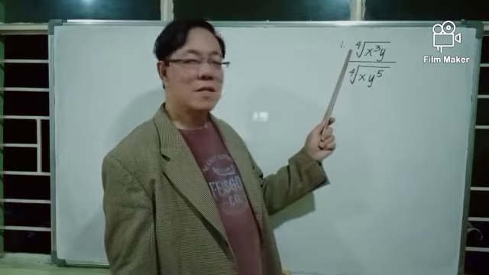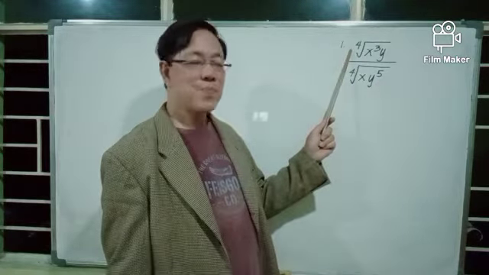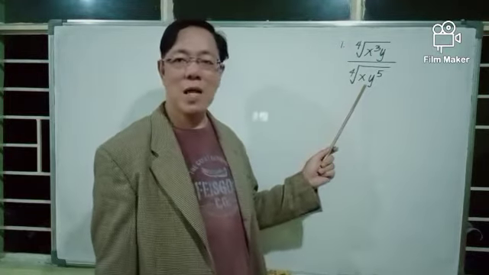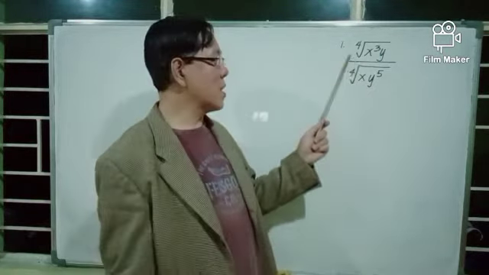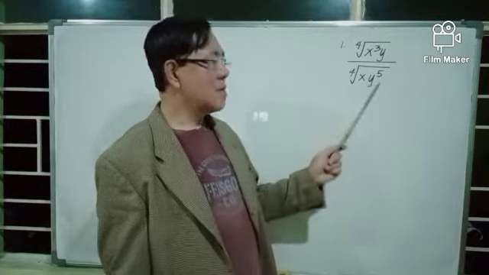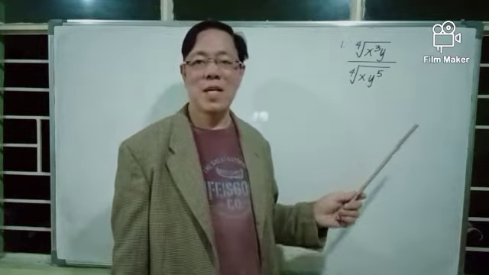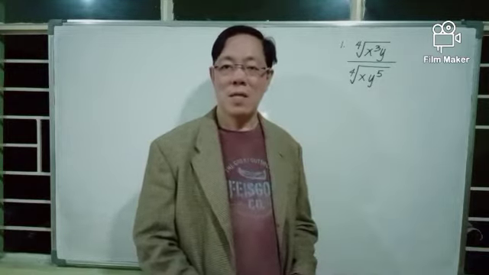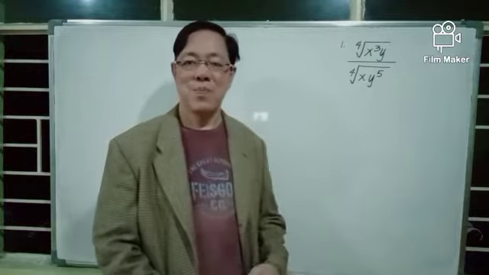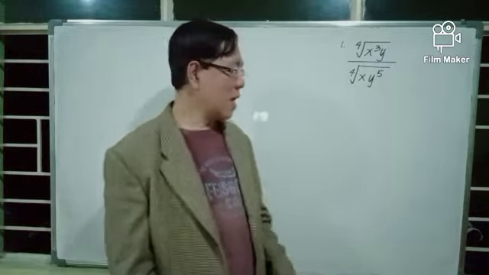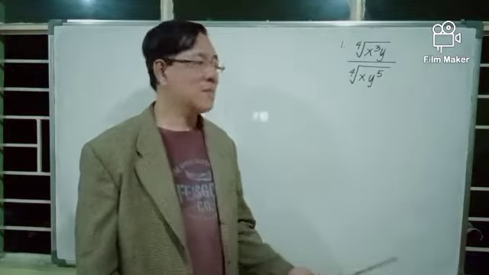And we see that the radical expression in the numerator and the radical expression in the denominator have common index of 4. Therefore, this ratio of two radical expressions can be written as a single radical expression by using the last property of radicals that I have written earlier here.